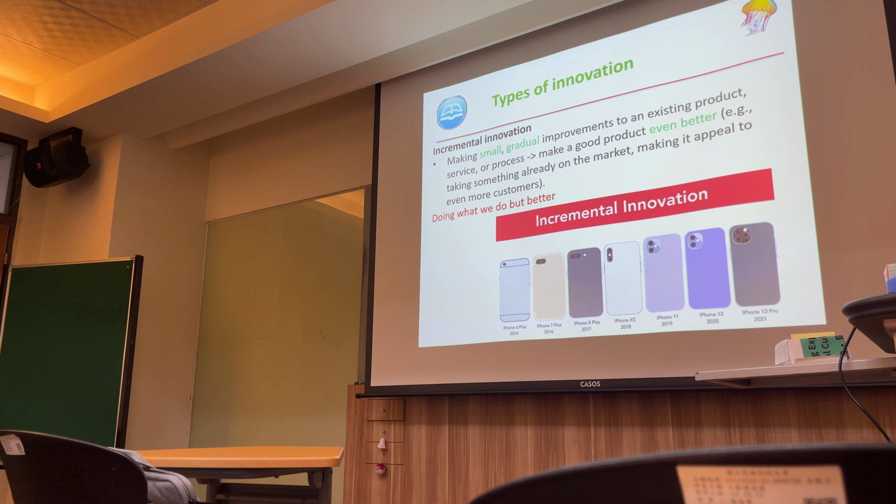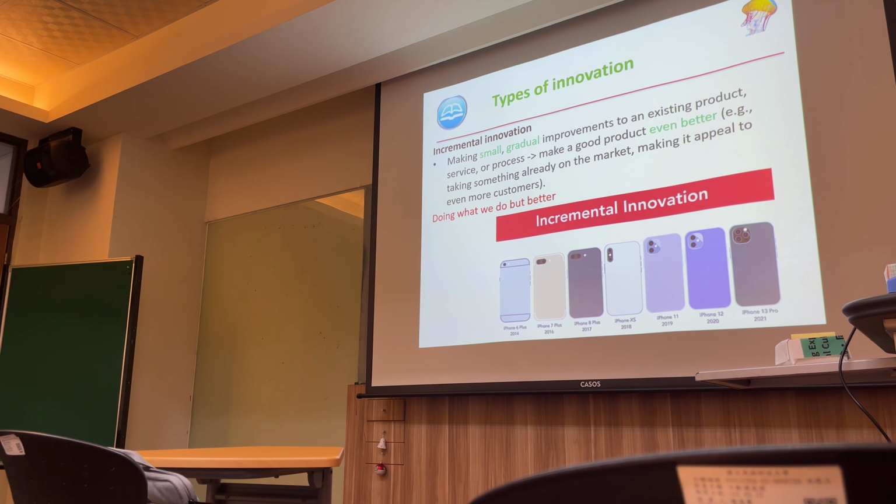The emergence of the iPhone changed the industry. So in 2007, we can say the innovation of Apple was radical innovation. It served a new market, and it applied new technology.